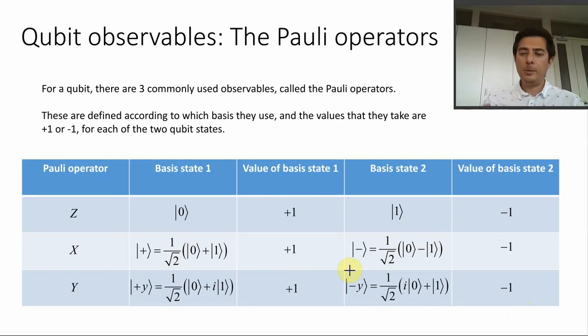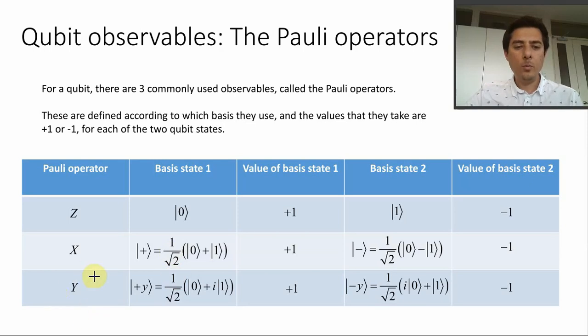And the difference between the Pauli X, Y, and Z operators is that the basis states that are used are different in each case. In the case of the Pauli Z operator, the basis states are your standard 0 and 1 states, right? In the case of the Pauli X operator, your states are these plus and minus states that we already encountered in some previous lectures.